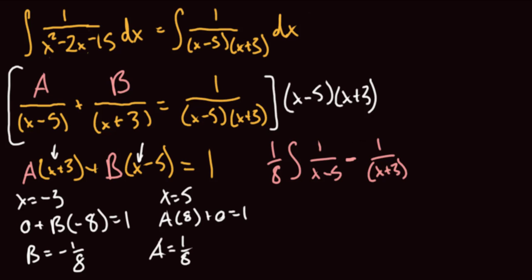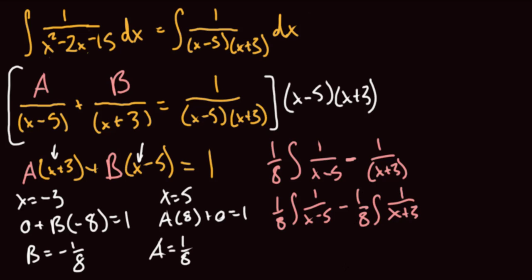And again, this can be taken as separate integrals, so we could say that this is 1/8 times the integral of 1 over x minus 5 minus 1/8 times the integral of 1 over x plus 3. And this is where knowing the integrals of natural log functions is helpful, because that's what you're going to see for a lot of your answers with partial fractions.